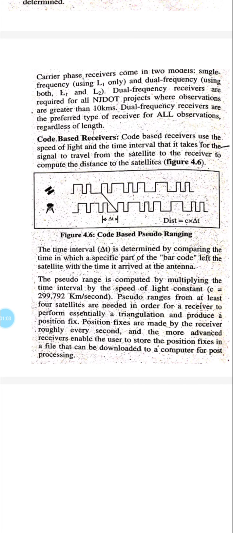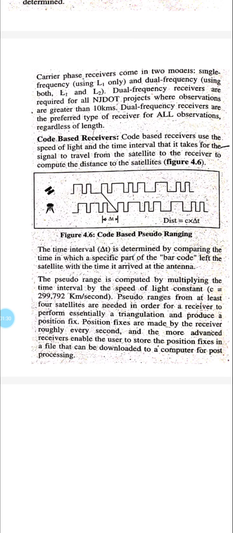So the time taken for that specific part of the information to reach the receiver is known as delta t. When we multiply that delta t with the speed of light, 299,792 kilometers per second, we can obtain the pseudo range or distance between the satellite and the receiver.